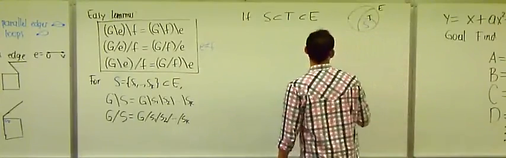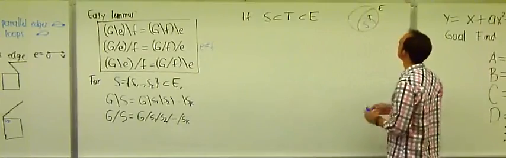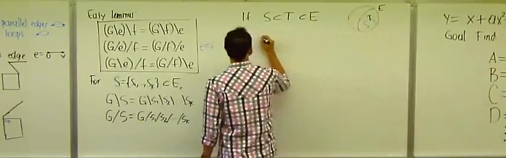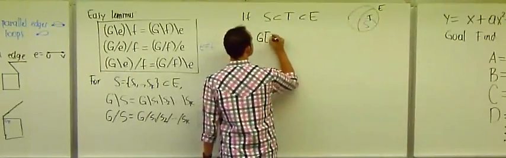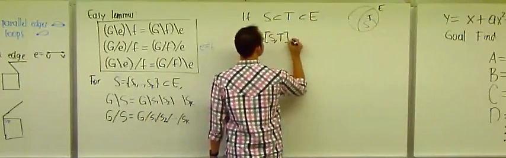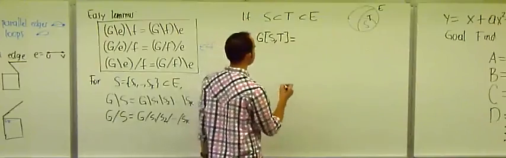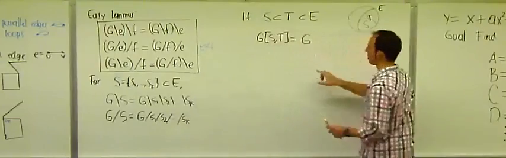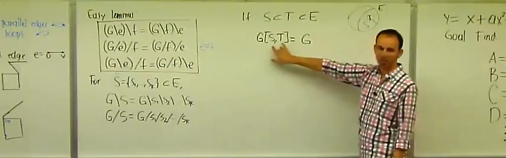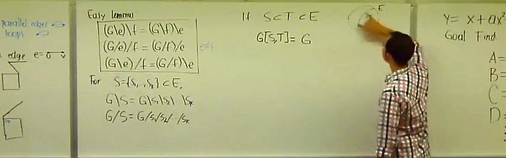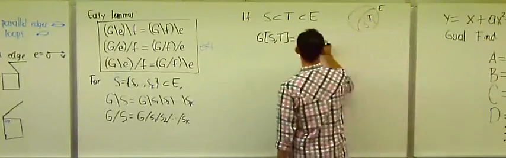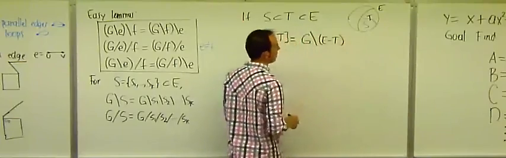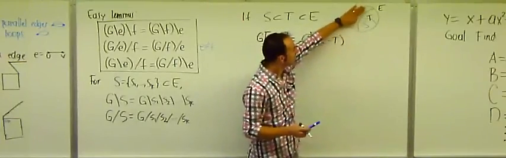So what I can also do is delete. I want to define this to be what happens when you, in a sense, restrict to the interval from S to T. And the way that I do that is that I delete all the edges outside of T, and so that deletes all of this stuff over here.